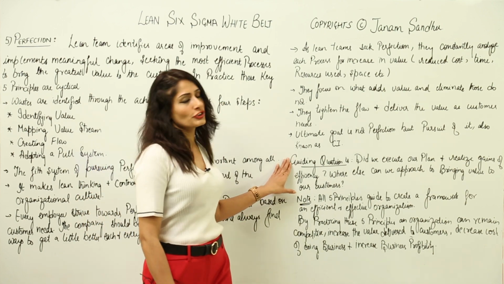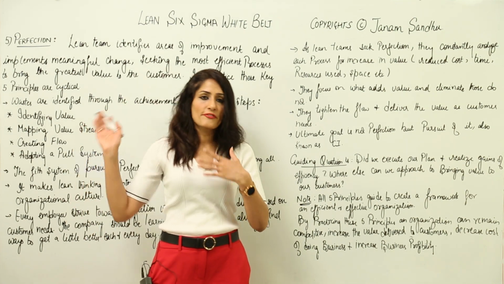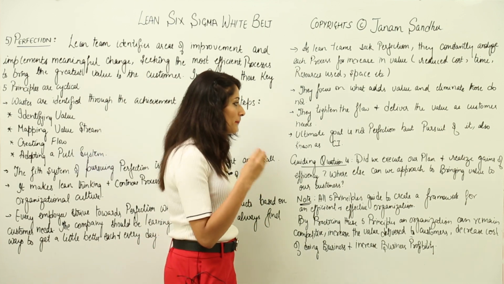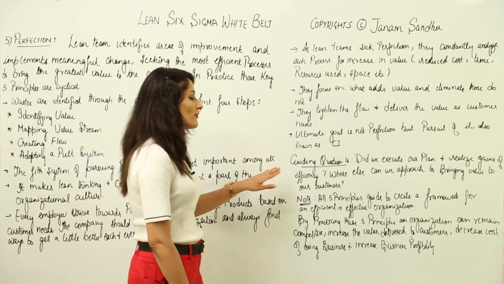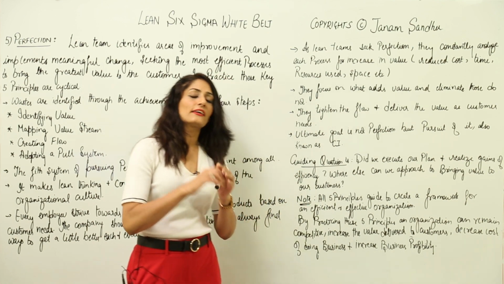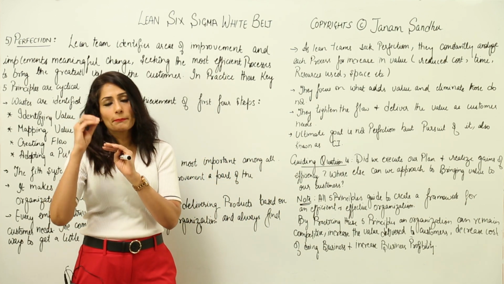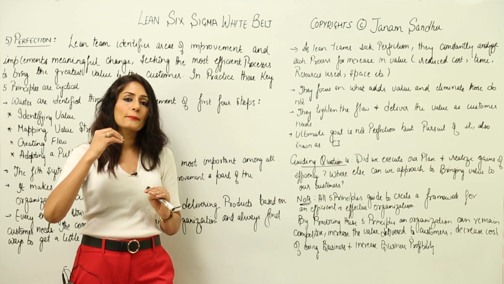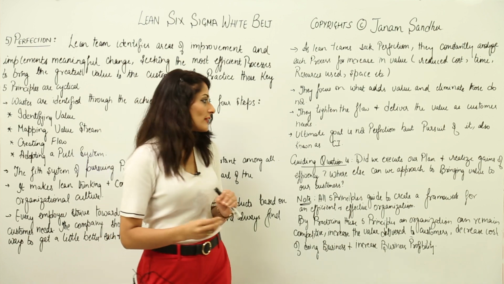So the guiding question here, when we talk about perfection, is: did we execute our plans and realize gains of efficiency? Did we actually implement the plans we thought would improve the processes, that would improve the value we are giving to the customer?